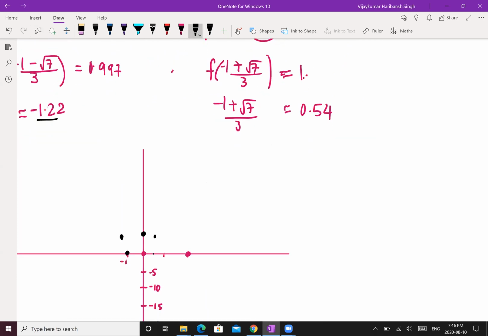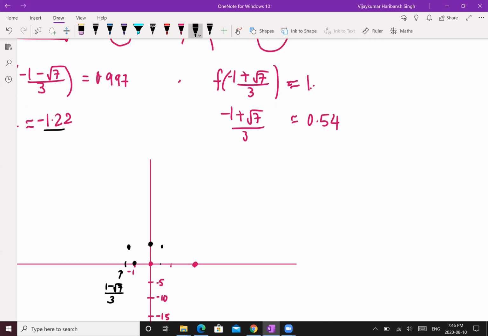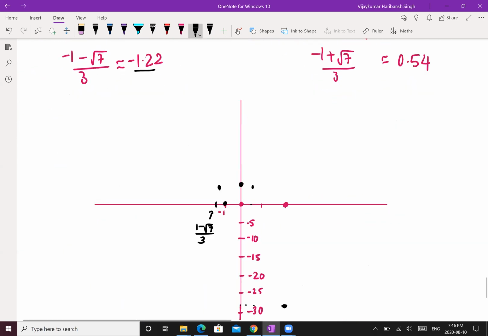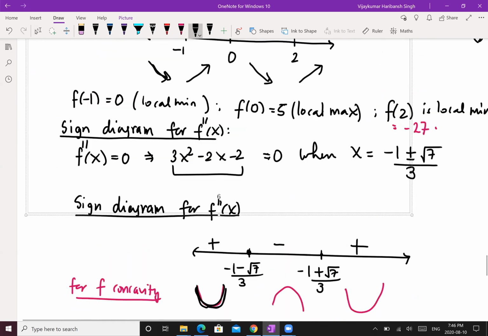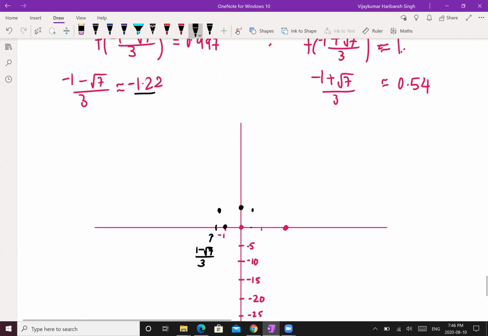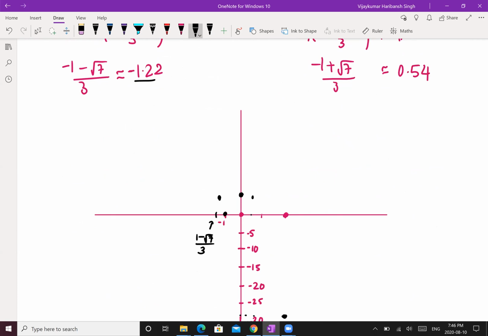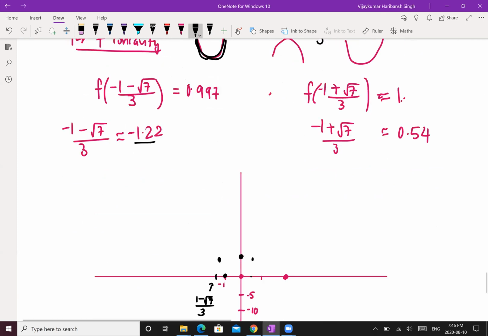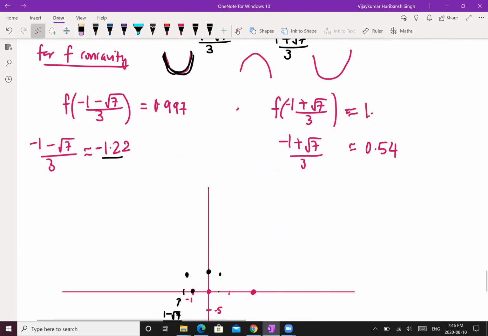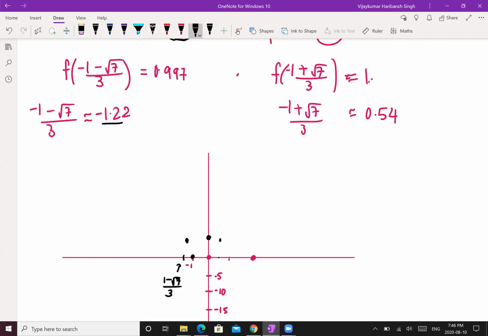So let's see. Before the first inflection point at (minus 1 minus root 7) by 3, what is the function? It is concave up, and it is decreasing all the way until minus 1. So it's decreasing, but it's concave up.